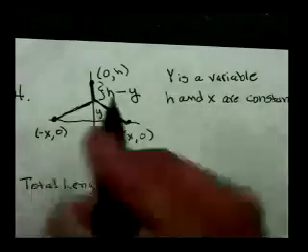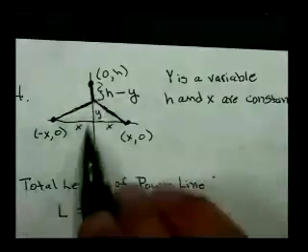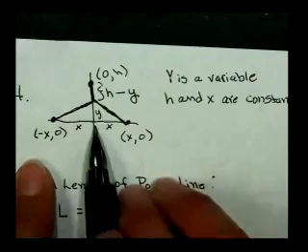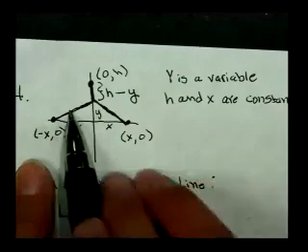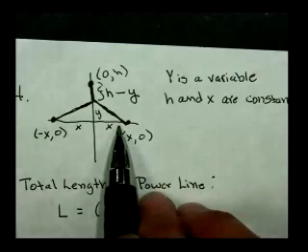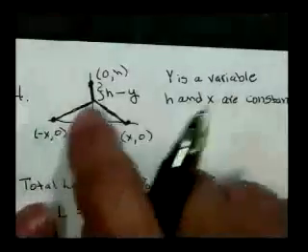This distance from the origin is x. This distance from the origin is x. So we have two triangles with one leg being x and this leg being y. These two power lines are hypotenuses for those two triangles. So the length of this line is square root of leg squared plus leg squared.